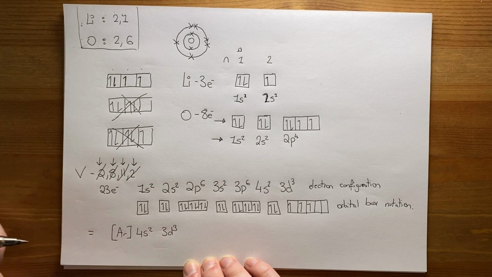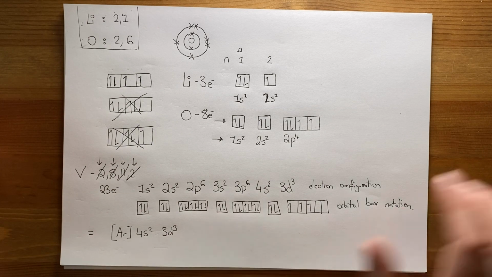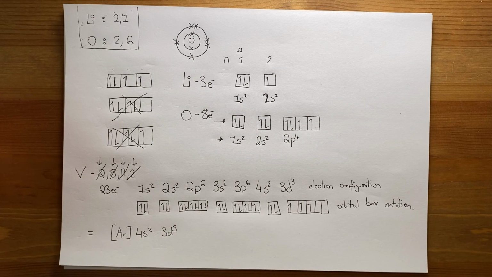Okay, that's the shortened method. So you look for the nearest noble gas that's come before it, and then you add in the extra electrons.